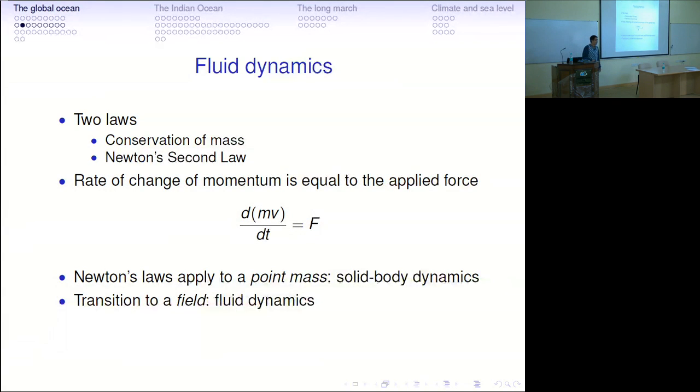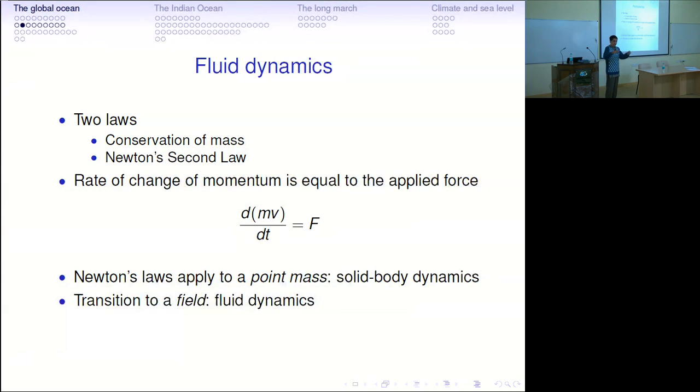But that is not the way a fluid behaves. In a fluid, there are certain differences that we have to account for. One problem is that if I were to take a steady state system, where there's nothing changing in time, and I have a flow with a gradient.